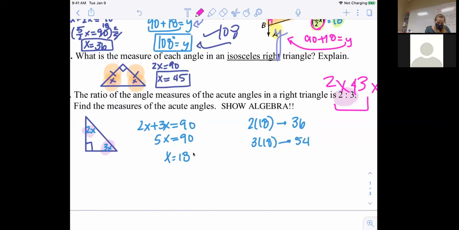So I label my angles 2x and 3x because that's how they're related. If I were to simplify it all the way down, it'd be like 2 to 3. 2 times something, 3 times something. Once I solve for x, x is 18, I know that my angles are now 36 and 54. And if I wasn't sure, add them up and see if they equal 90. And they do.